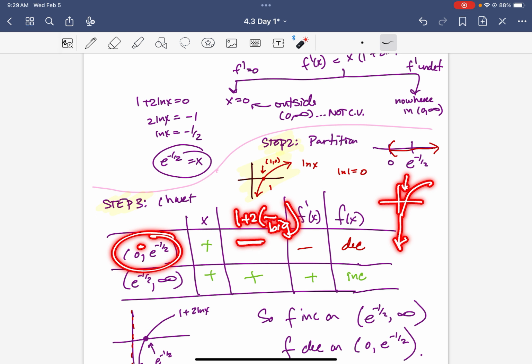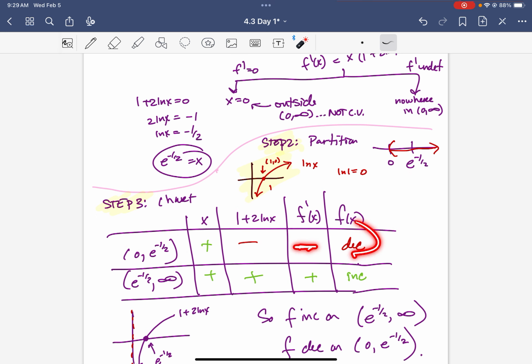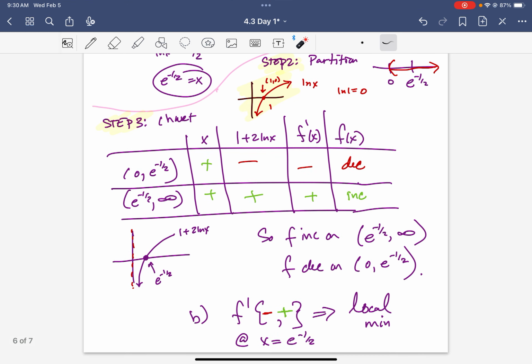And so it's going to be negative in here. So that gives me this, which is decreasing. And then here, if I pick an x really, really big, that means this is going to be positive. This is going to be 1 plus 2 times the natural log of x, which for really big values is very big positive. So that's where we get positive, positive, increasing. Okay. All right.